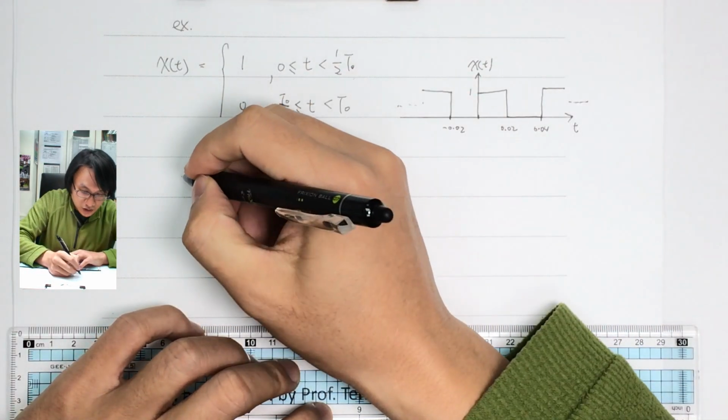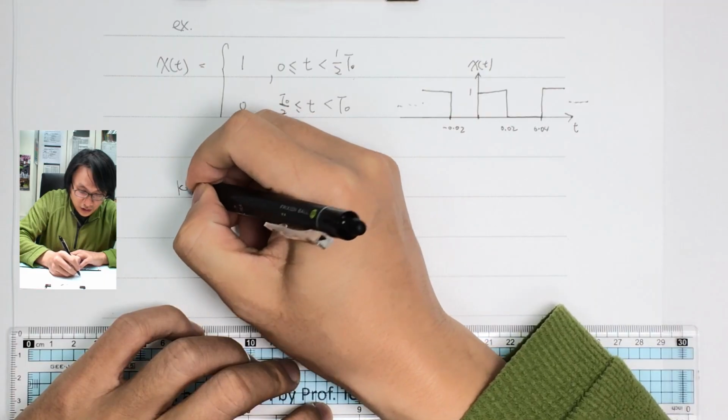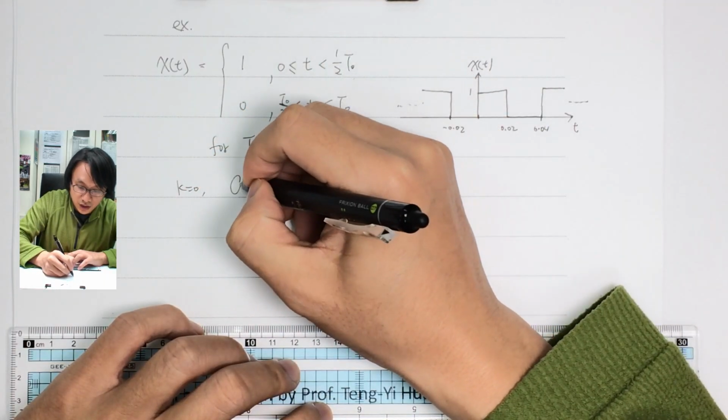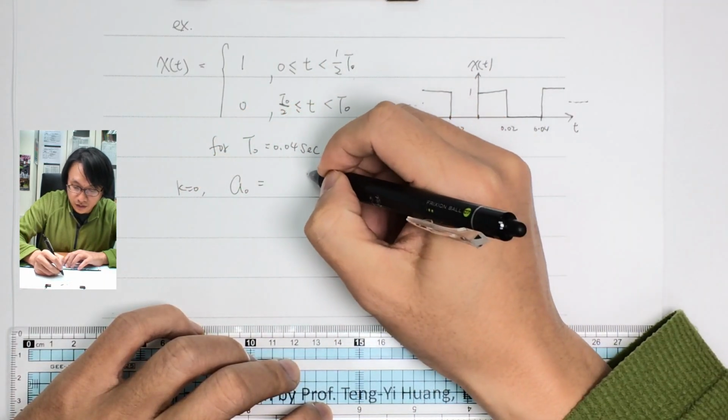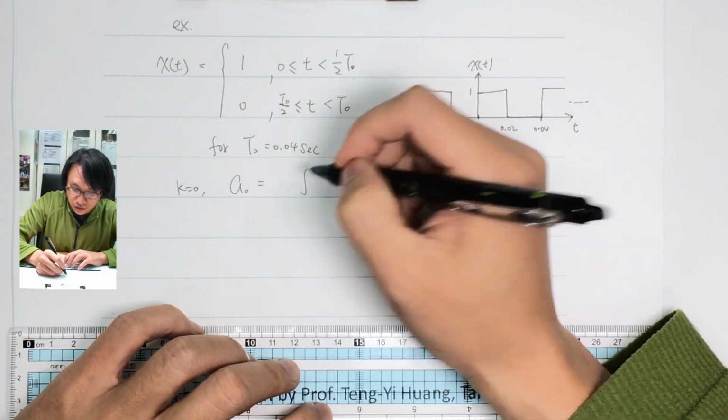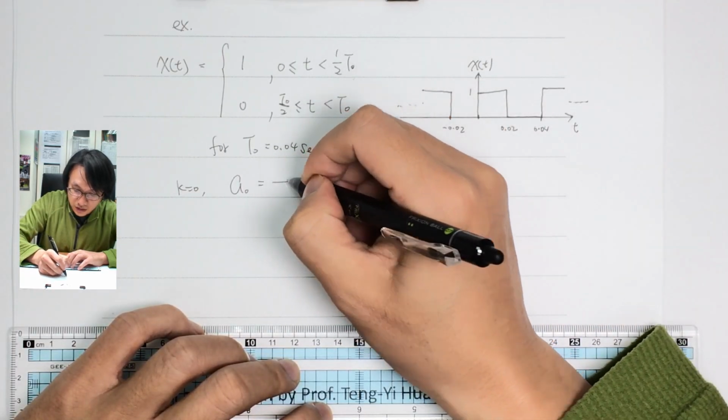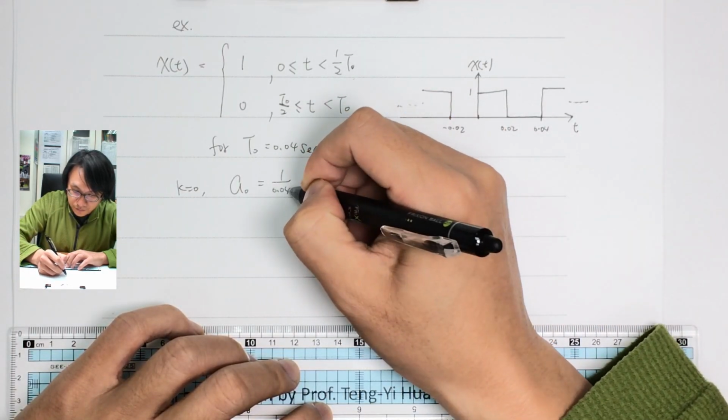The simplest way is to find k equals 0 first. a_0, the DC component, is the integral over one period, divided by the period, and the period is 0.04.